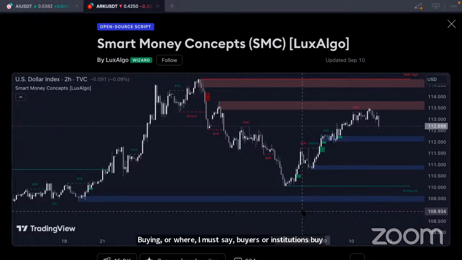And it helps a lot. It gives you strong lows, weak highs, strong highs, break of structure, change of character, equal highs, equal lows.